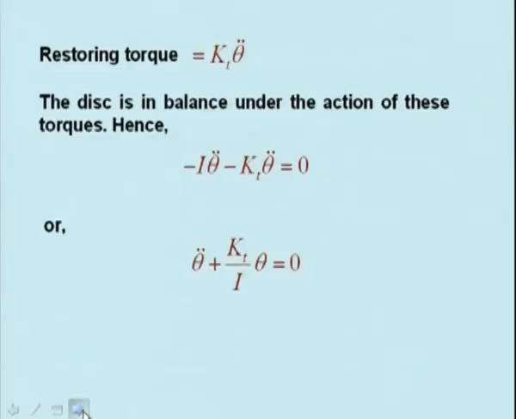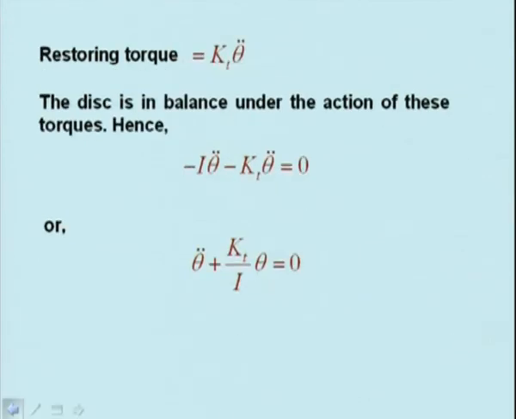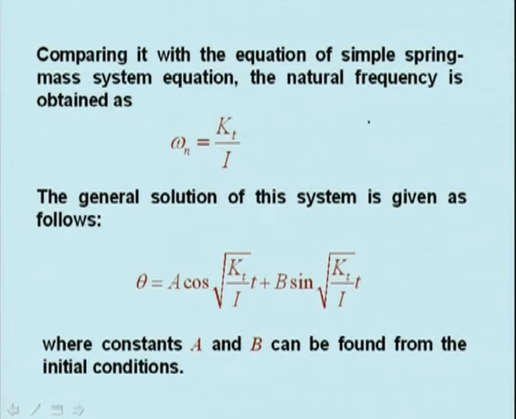So you can compare this expression with m x double dot plus kx equal to 0, and therefore the natural frequency is obtained: omega n is equal to the square root of kT by I.